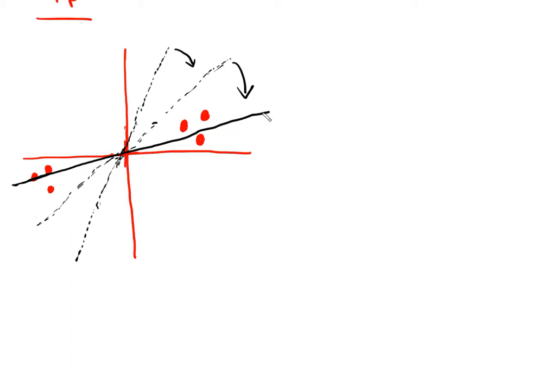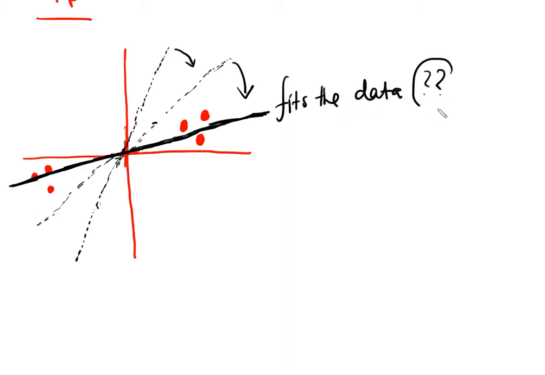And then we are going to ask ourselves, does that line fit the data? Looking at it, and I'm emphasizing looking, yes, it looks like it fits the data. And now we are back to those question marks that we had in the previous example. What exactly does it mean to fit the data?